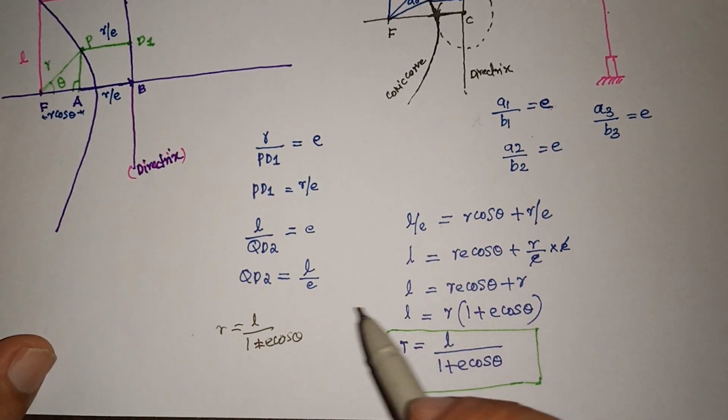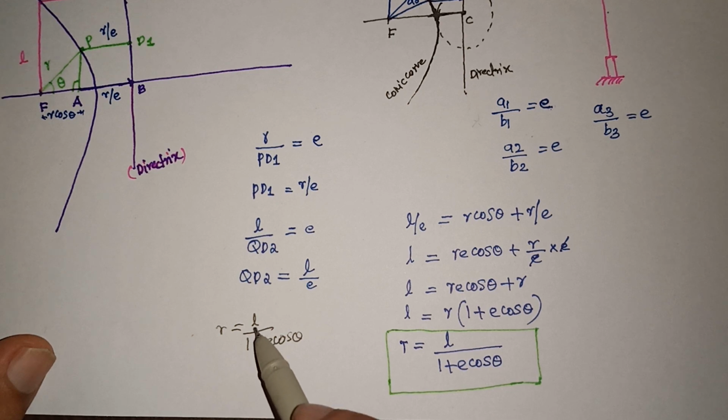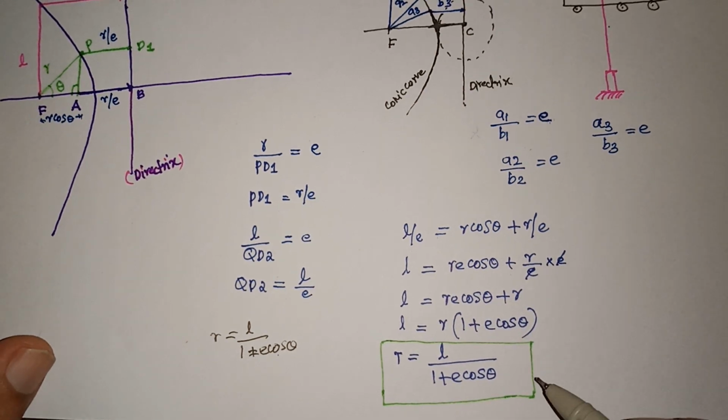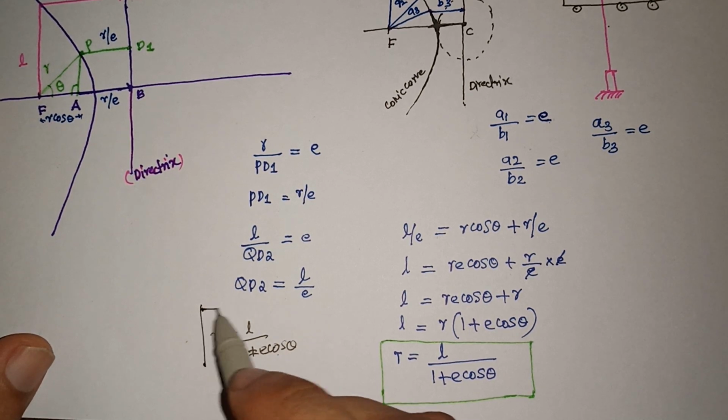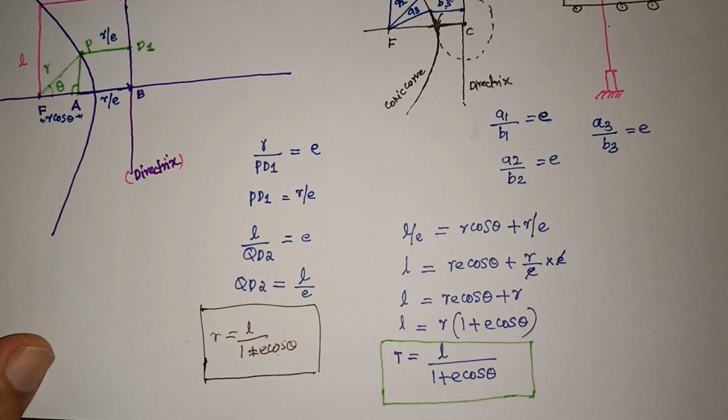So in order to generalize this, we normally go with L by 1 plus or minus E cos theta. Both are correct. So in this context, we have derived the basic conic equation, and by generalizing you can write L by 1 plus or minus E cos theta, which is another insight you can get.